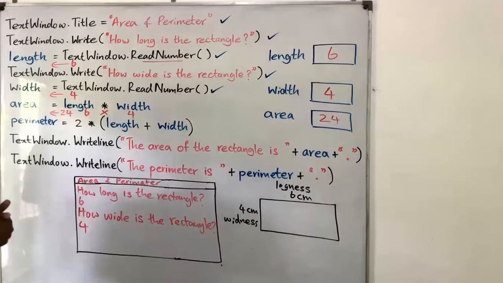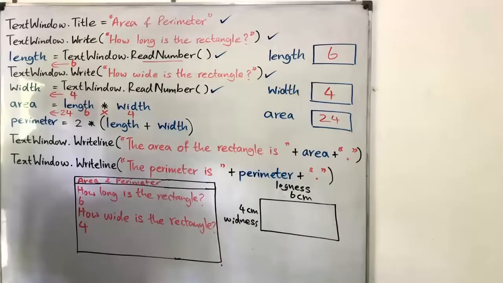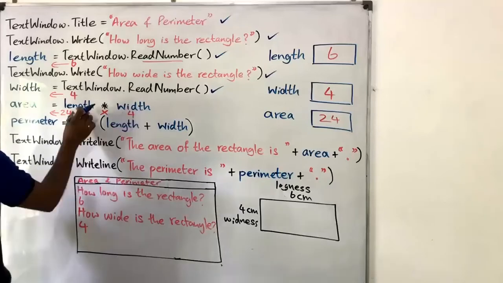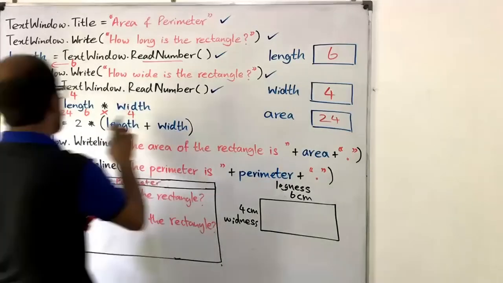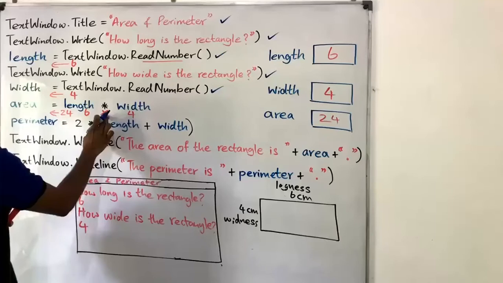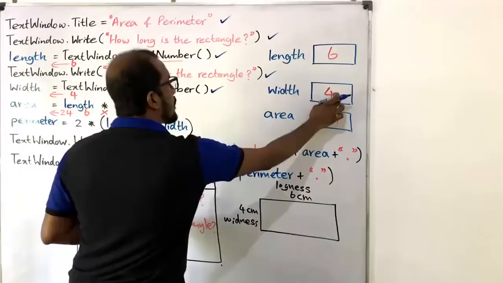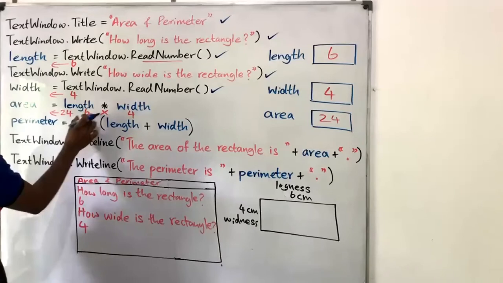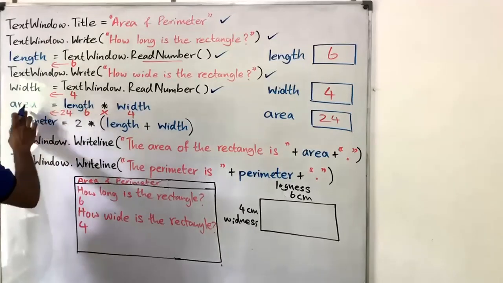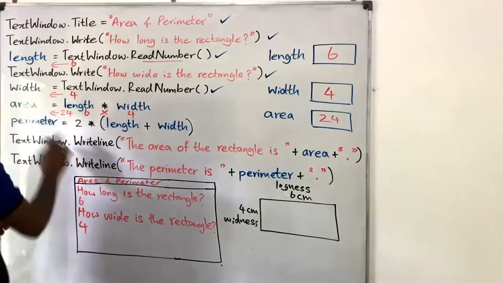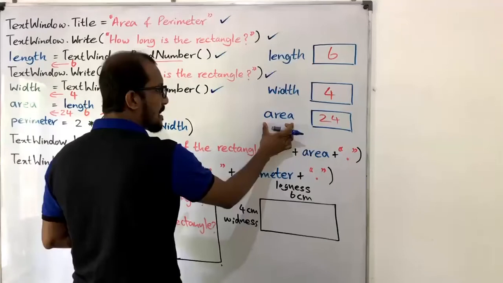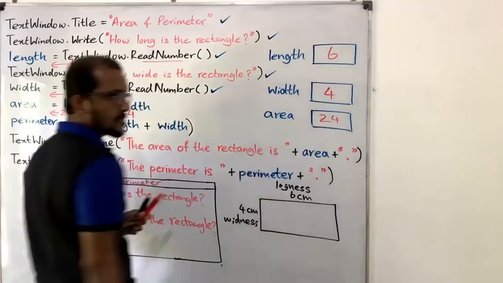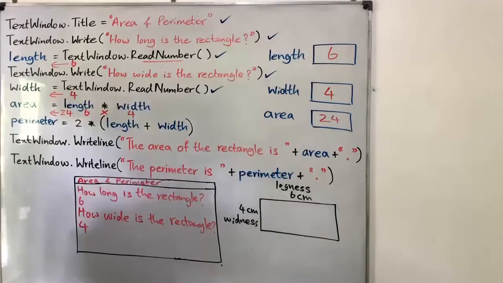So length times width means length's value 6 will be multiplied with the value 4, because it's the value of the width. The final simplified value, 6 times 4 means 24, will be assigned to the variable area. It means creating a memory space in the RAM under the name area, and 24 will be stored in that place. Now this statement also finished.